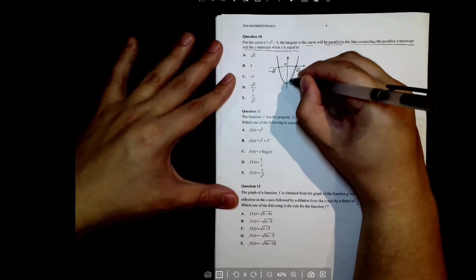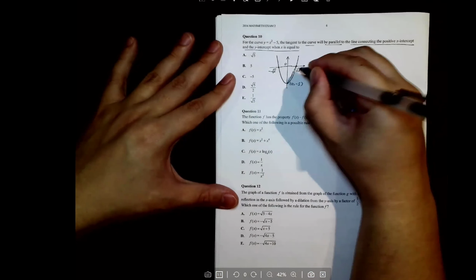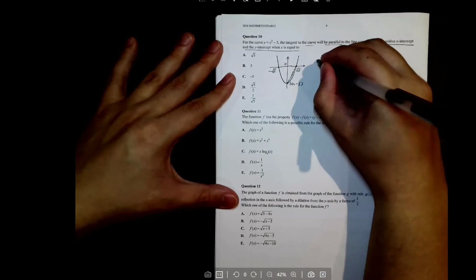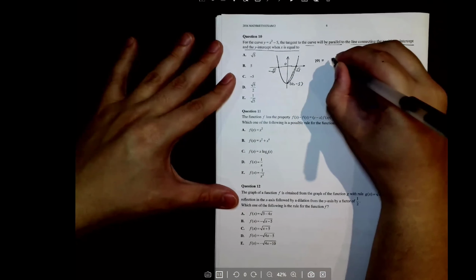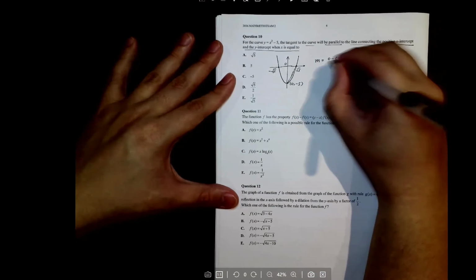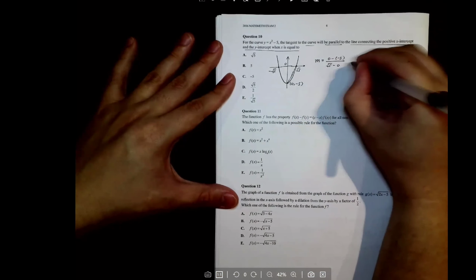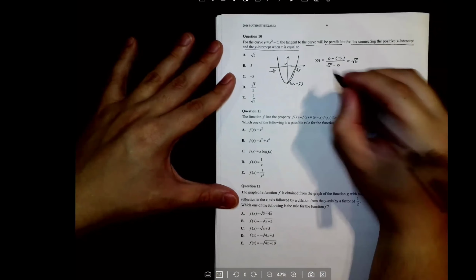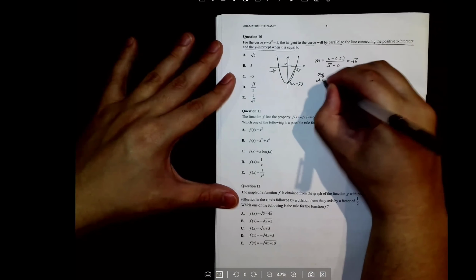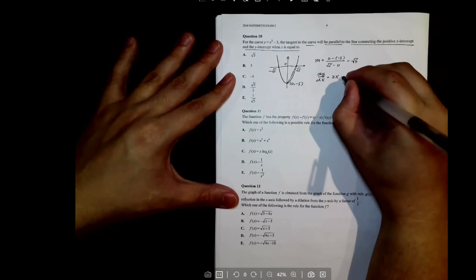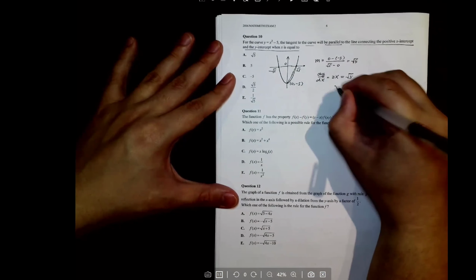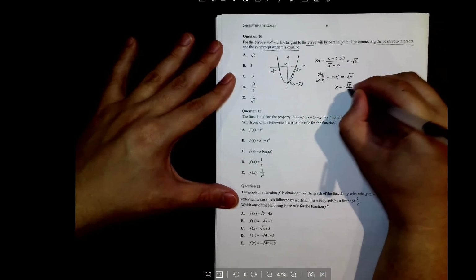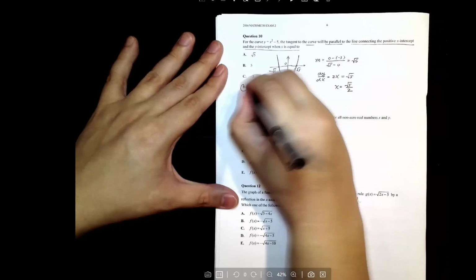If I get a line segment joining these two points, the gradient will be 0 take minus 5 divided by root 5 minus 0. That is 5 divided by root 5, which is just root 5. And then your dy/dx is 2x and is equal to root 5. Therefore, x equals root 5 on 2. Okay, so option D is the correct answer.